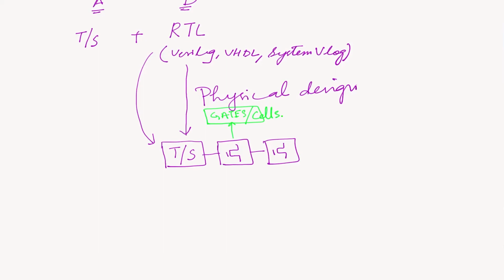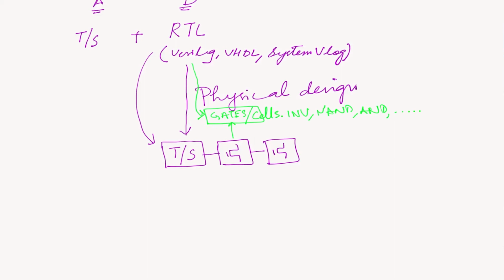These gates or cells are inverter, NAND, and flop, latch, and all those. Okay, so the RTL is converted first into these gates, and each gate is already a finished layout. I'll go into details of that, because in the last video I started talking about these different gates.